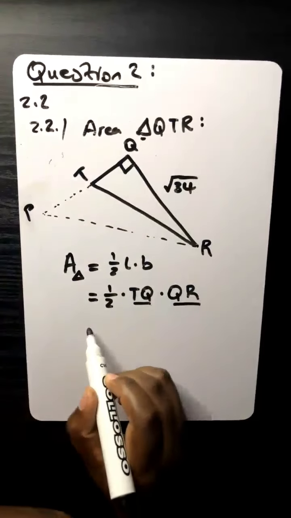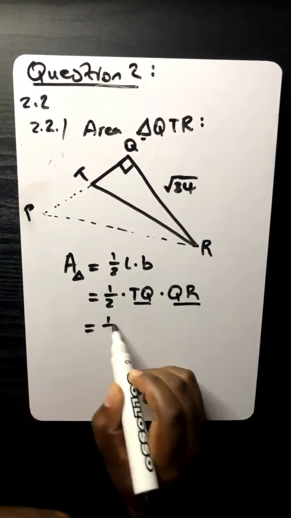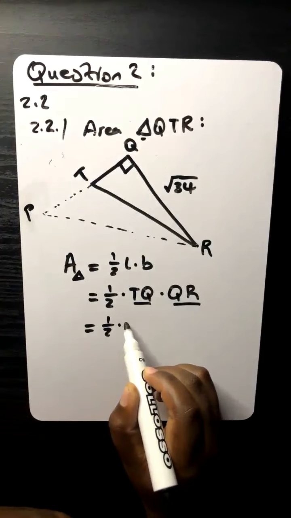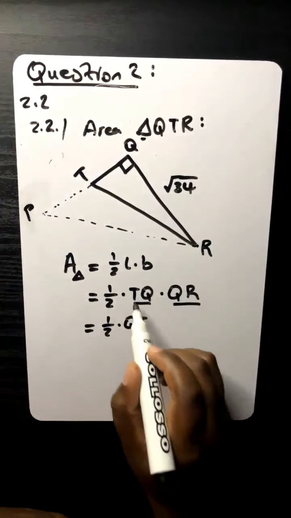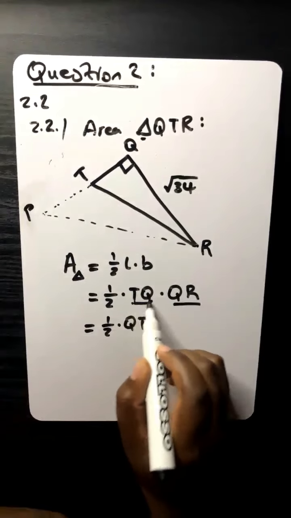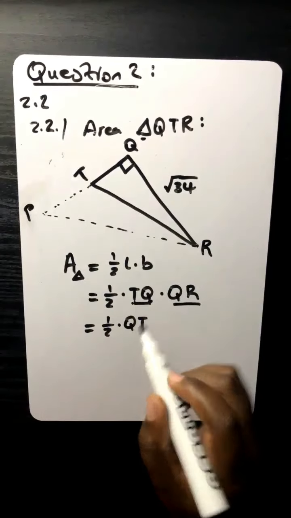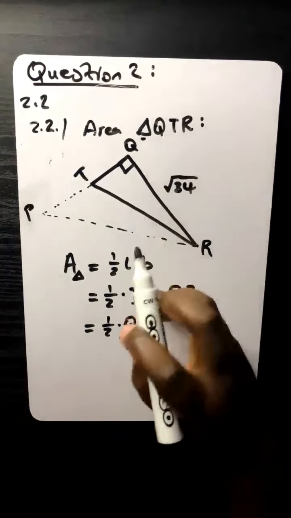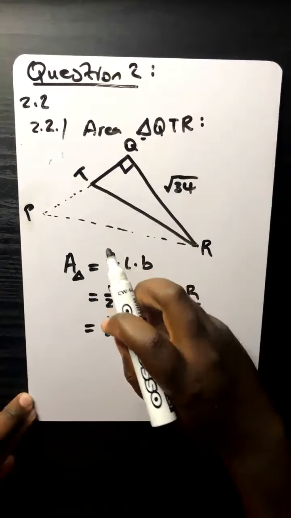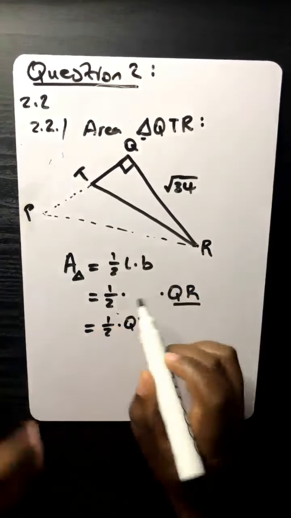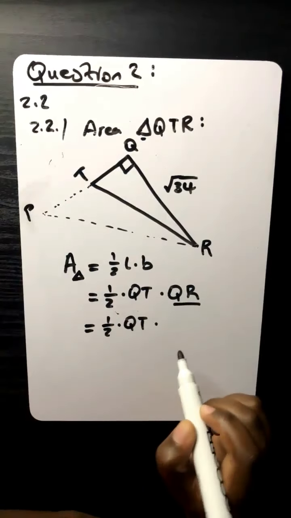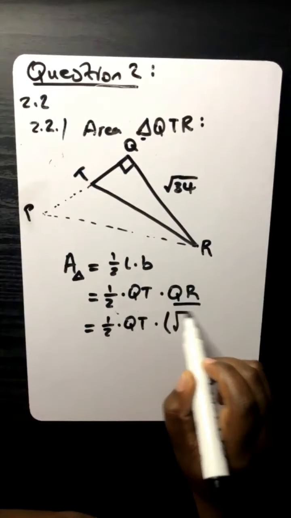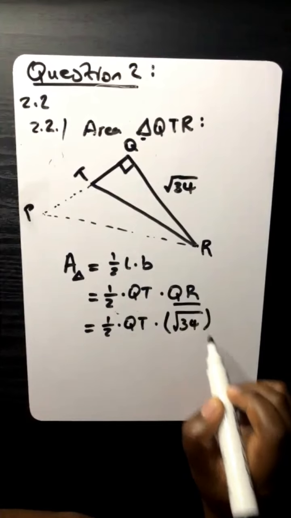So now let's substitute in the meantime. Multiplied by, you can say QT or TQ. Just make sure that between these two, you pick the letter that comes first. I think it's Q, because even there they said QTR. So to represent that correctly, let's say QT. So you are saying QR is equal to the square root of 34.